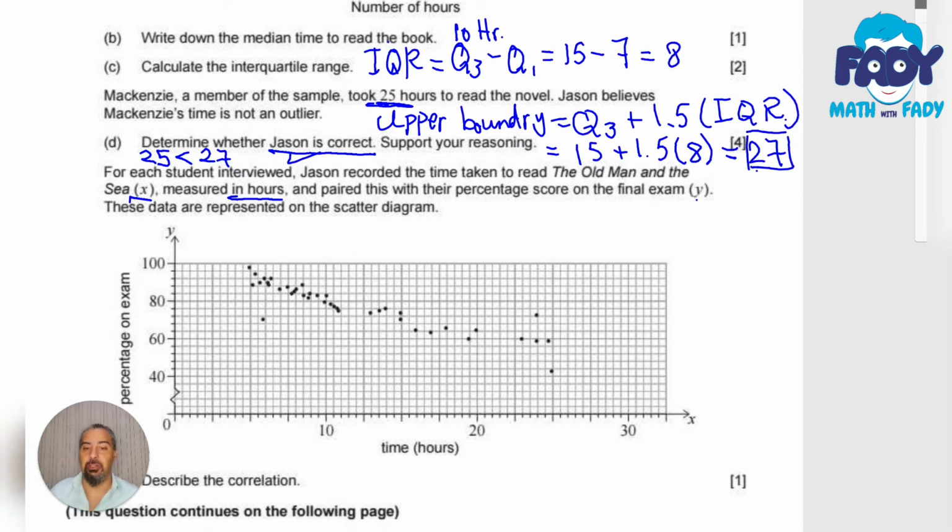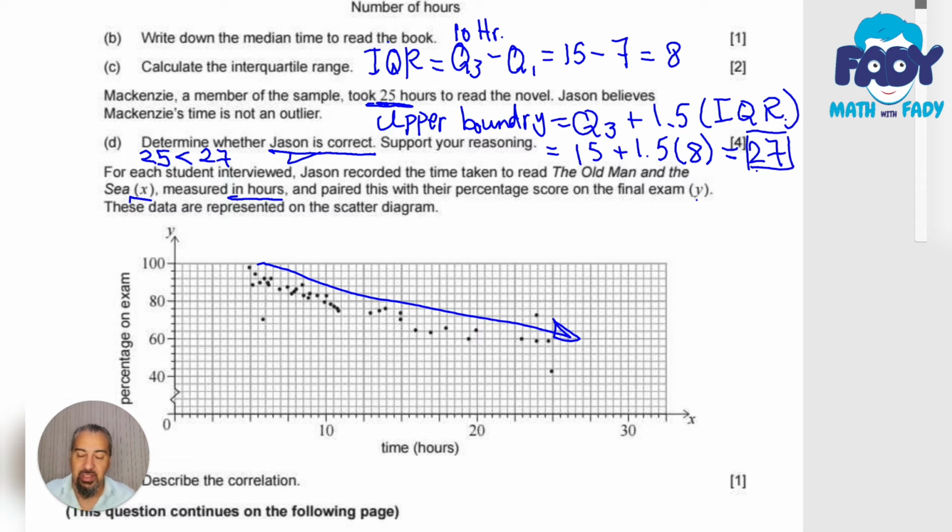Describe the correlation. First, we can notice that the dots in the scatter diagram are going down, which means it's a negative correlation.